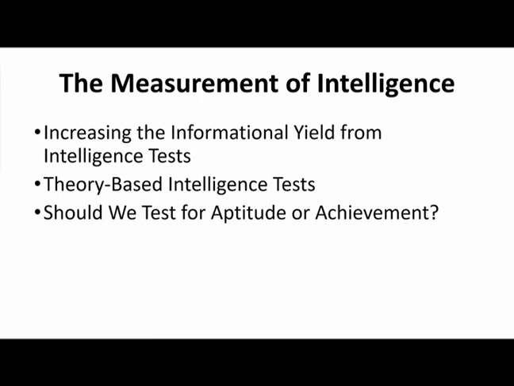Or should we be evaluating someone's achievement? Should we look at how much they have already learned? Some of the support for achievement tests is that a student's previous achievement is usually predictive of their future achievement. If a student has done very well up to grade 6, then you might assume that they will continue to do well up to grade 12.